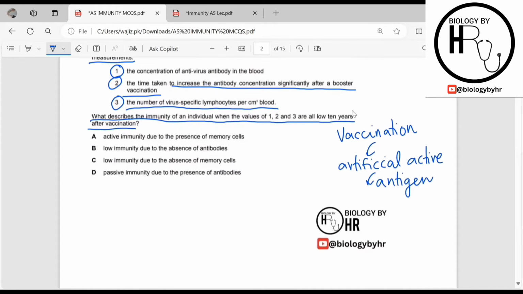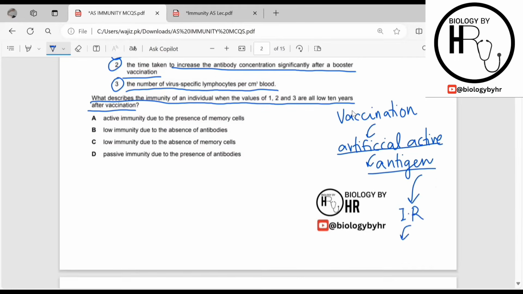So in the vaccination, as there is artificial active immunity and the antigens are injected into the body of the individual, an immune response occurs which produces the memory cells. So as the memory cells are being produced, that will be a long-term immunity.